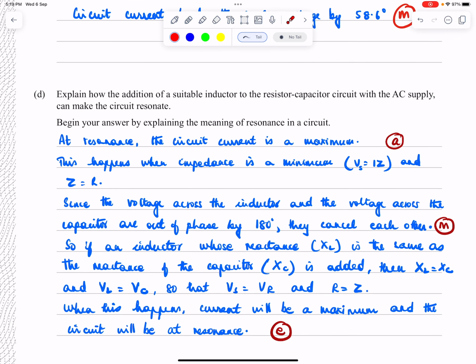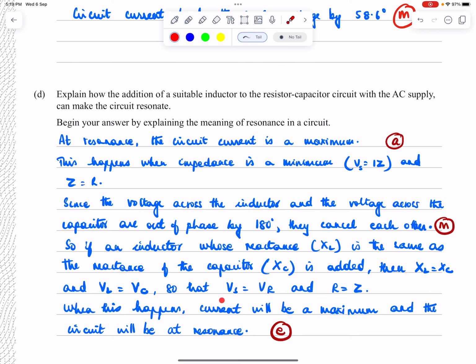Now, how can this happen? Since the voltage across the inductor and the voltage across the capacitor are 180 degrees out of phase, they cancel each other. If you've got this much, you've got your merit. So if an inductor whose reactance XL is equal to the reactance of the capacitor, then you get XL equals XC and VL equals VC, so these cancel each other because they're 180 degrees out of phase.